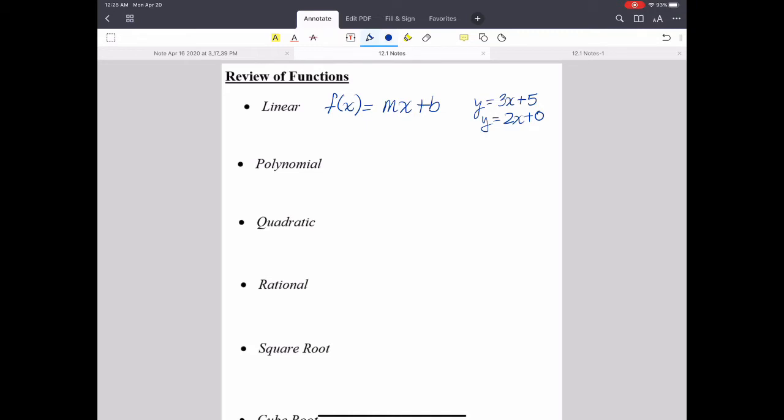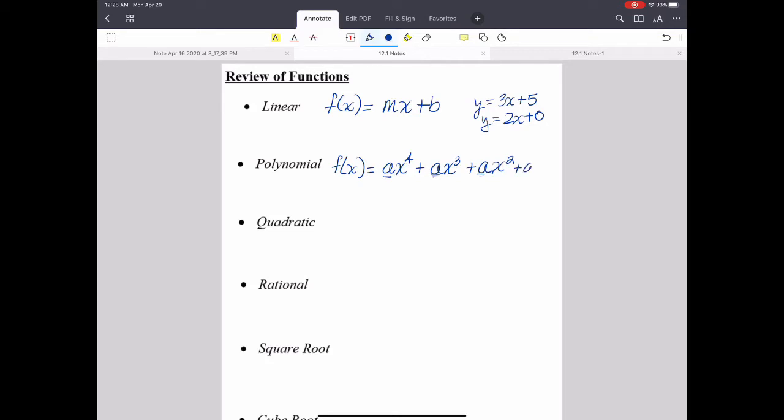Polynomial functions are a little tricky because sometimes they get mixed up with being a quadratic. But a polynomial function can have any degree. It could have, let's say, ax to the 4th power plus ax to the 3rd plus ax squared plus ax to the 1st plus a constant. Notice I'm using a every time just because I don't want you to confuse that with quadratic.